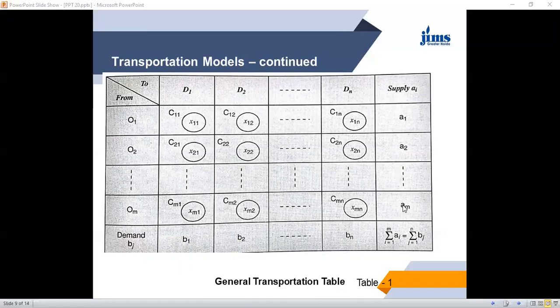Similarly, the destination D1 has a demand limited to a quantity B1, D2 has a demand of B2, and Dn has a demand of Bn. So this is the demand Bj.